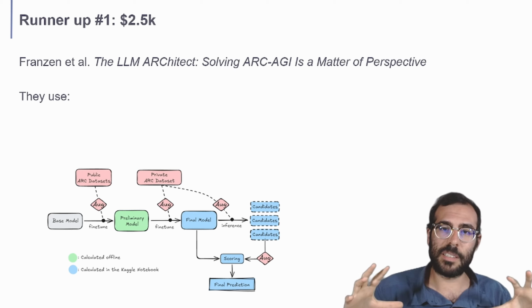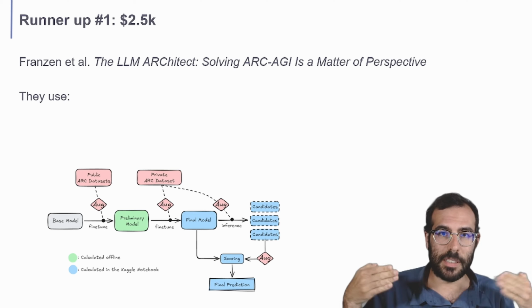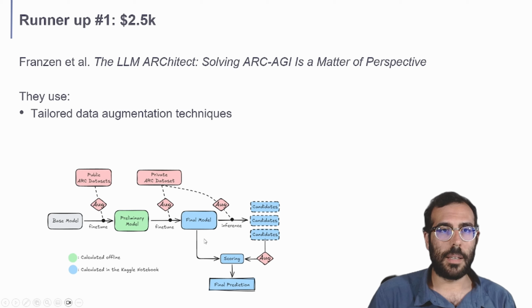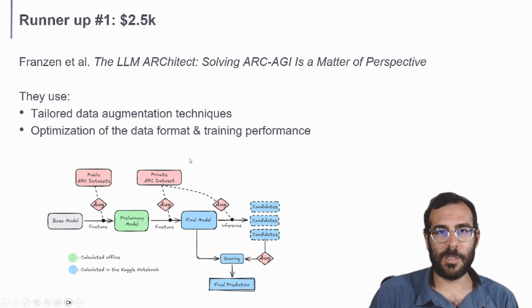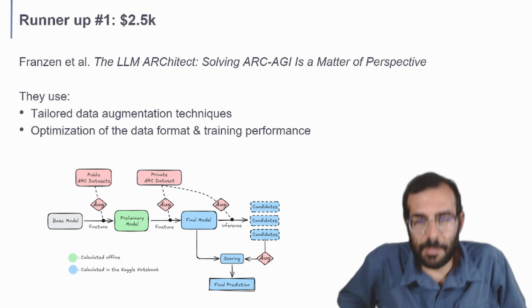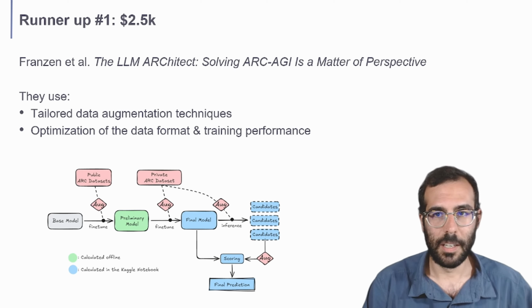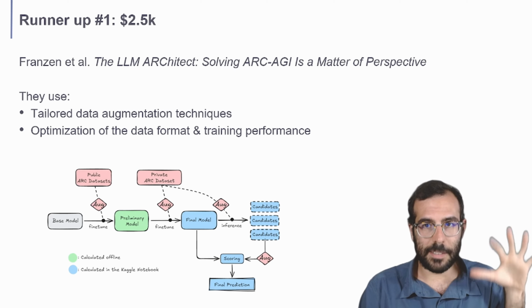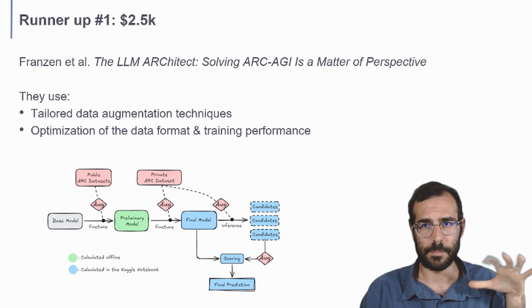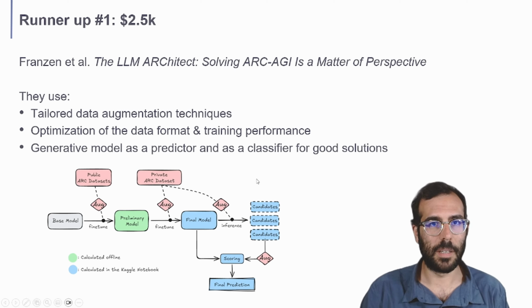And then they have a decision rule that gets them to the final prediction. So they have these tailored data augmentation techniques and optimization of the data format and training performance. So they squeeze some accuracy with these really specific, handmade, tailored design features of the system.